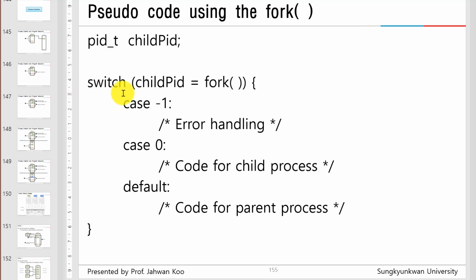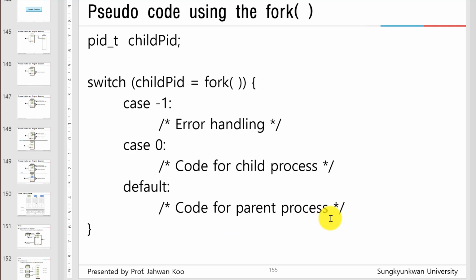According to the result of the fork system call, there are three cases: -1, 0, and default. Case -1, an error has occurred. So we have to handle the error in this case. Case 0 is called for the child process. Case default is called for the parent process.